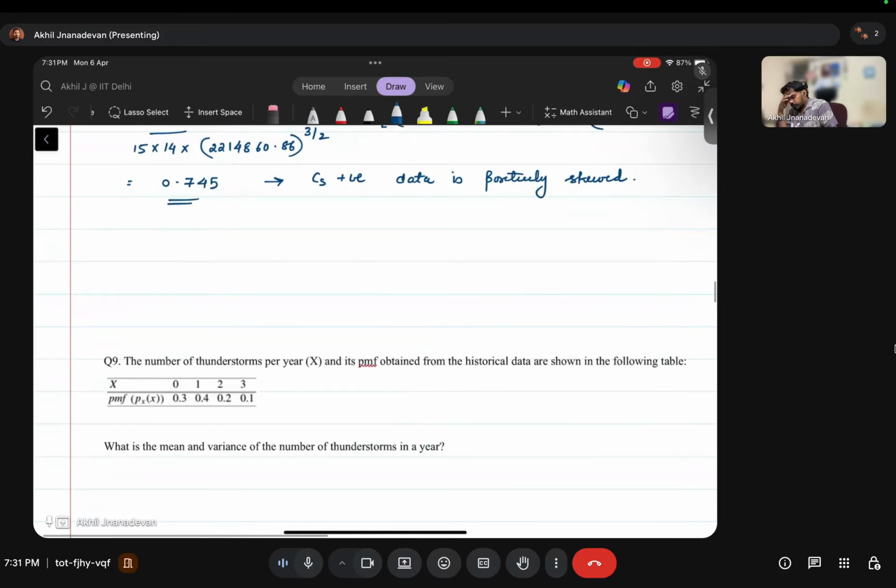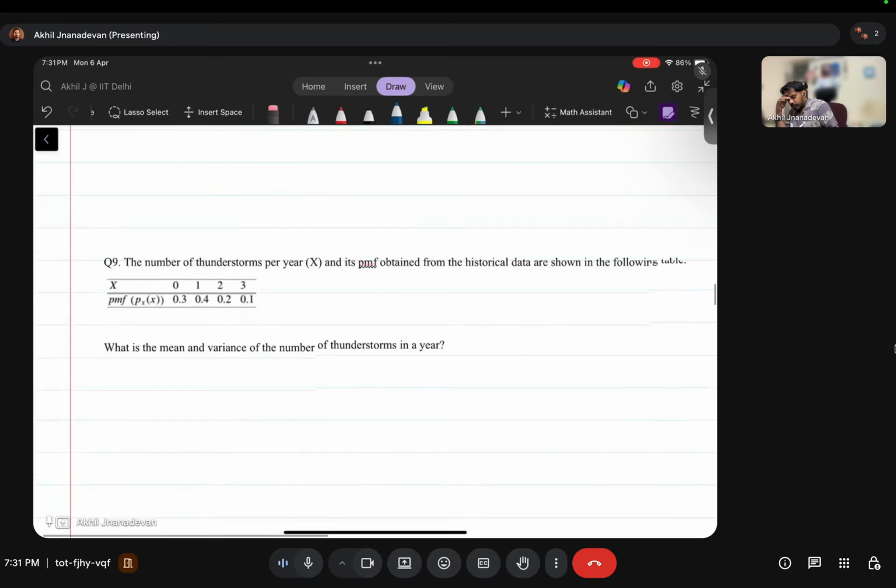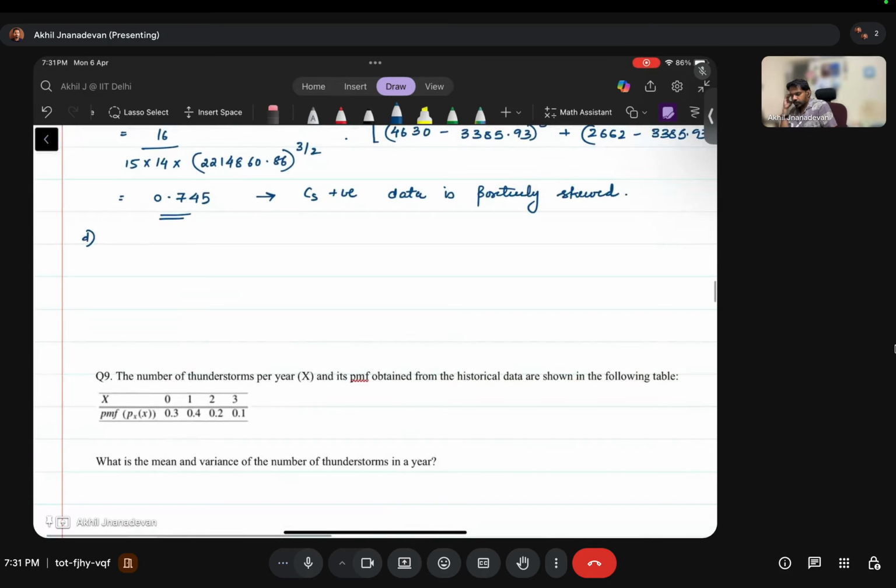And now for the fourth part, that is the kurtosis coefficient.